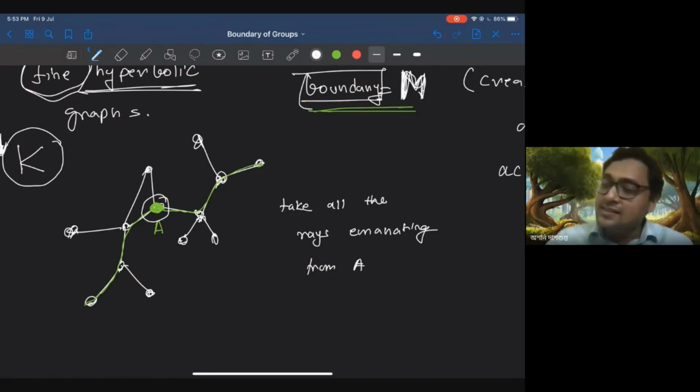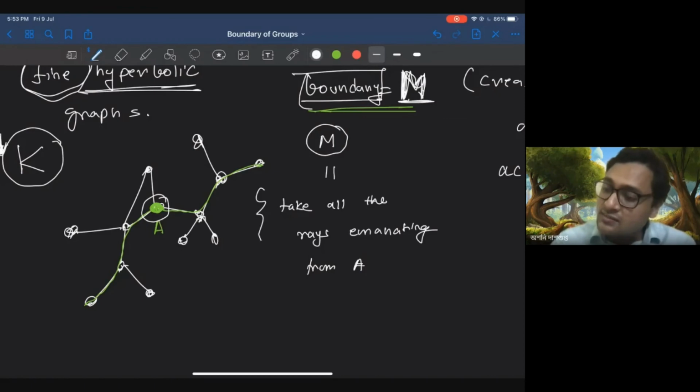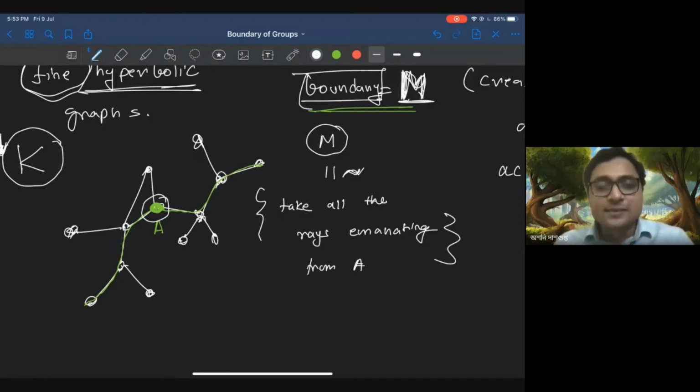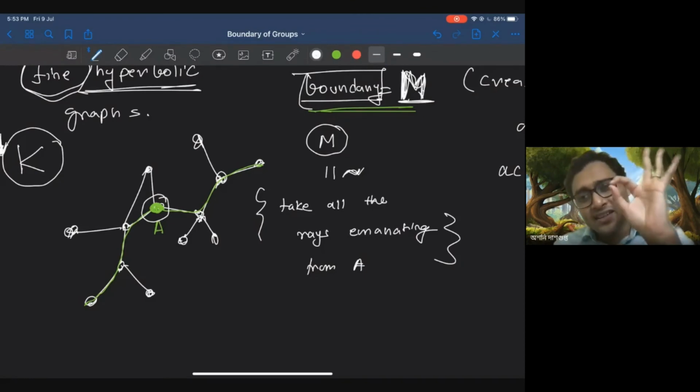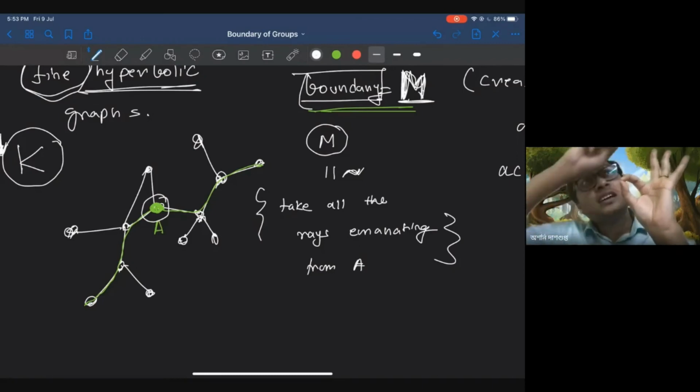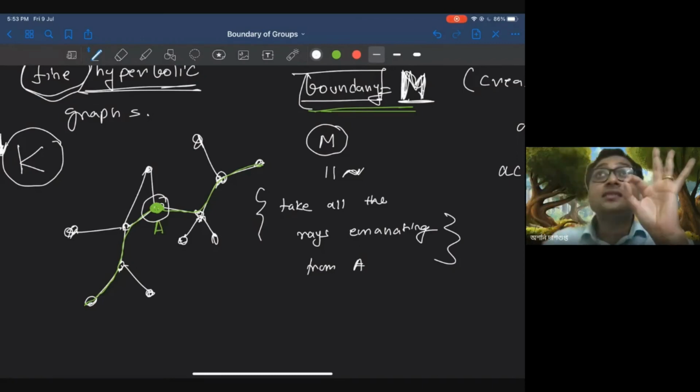In some sense, this boundary M is this particular set. There is something else you have to do. There is a quotienting that you have to do. But broadly speaking, this is what's happening. And this is very easy to understand if you have an imaginative mind. If you take any point in the space, how do you think about the boundary of the space?